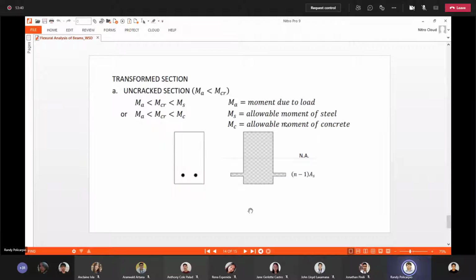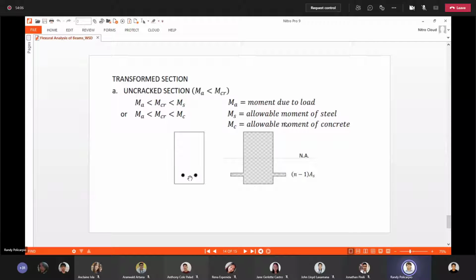Okay, for the transform section, as mentioned a while ago, for uncracked section, wherein MA is less than MCR, our transform section, ito yung ating given beam, ito yung kanyang equivalent transform section.